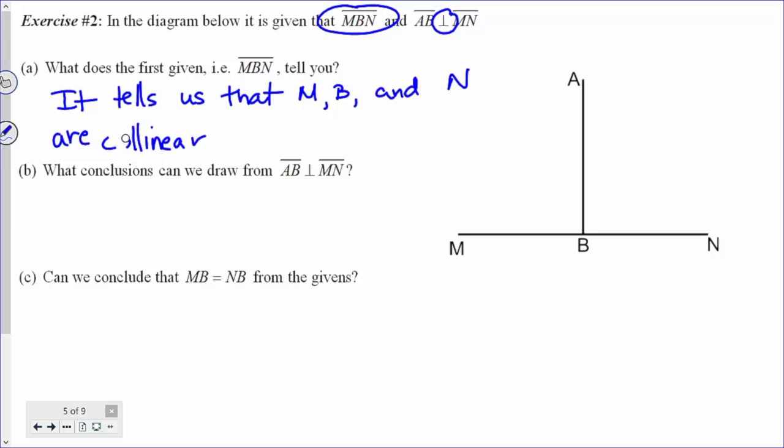Also from that means that the measure of angle MBN must be a straight angle or 180 degrees.